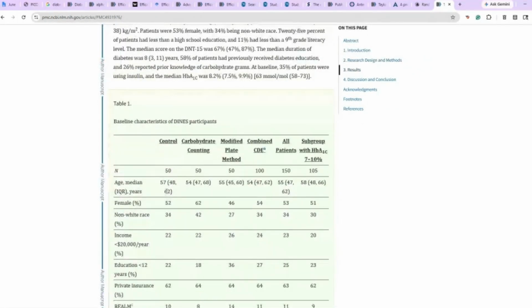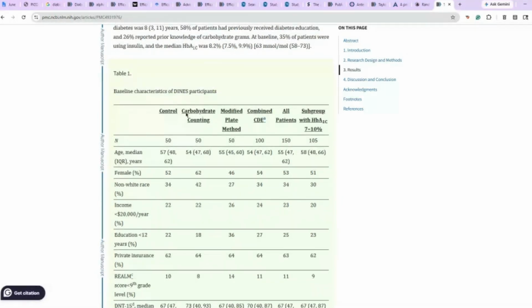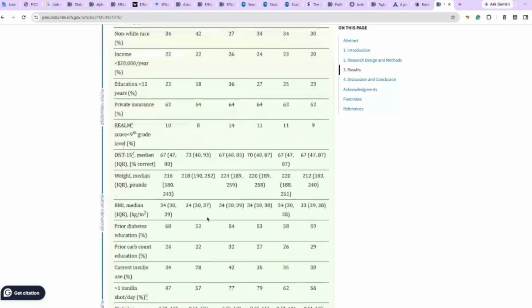If you want to be sure about the arms, just scroll down to any of the tables and you will find they have a control, carbohydrate counting, modified plate method, and then this combined. We can ignore these two. So this is a 3-arm study.